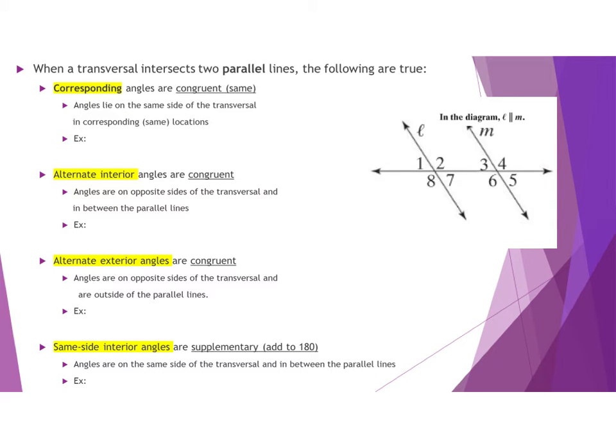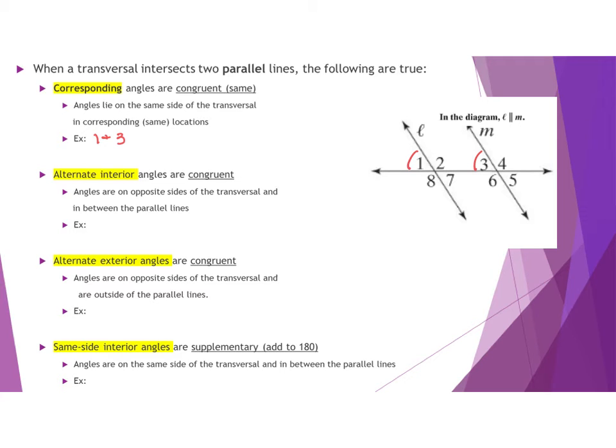First of all, corresponding angles are congruent, which means that they're the same. These angles lie on the same side of the transversal in corresponding locations. So if I look at, let's say, angle 1, angle 1 is on the same side of the parallel lines as angle 3. So I could say that angles 1 and 3 are going to be the same because of corresponding angles.